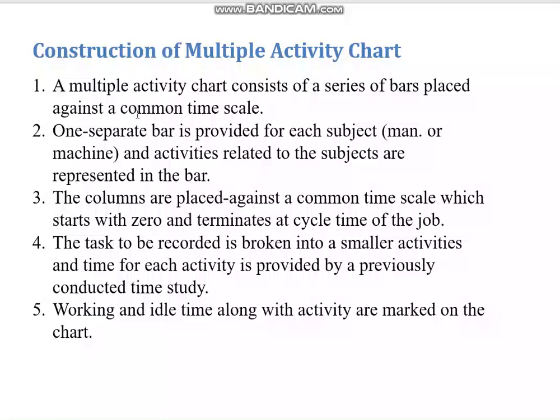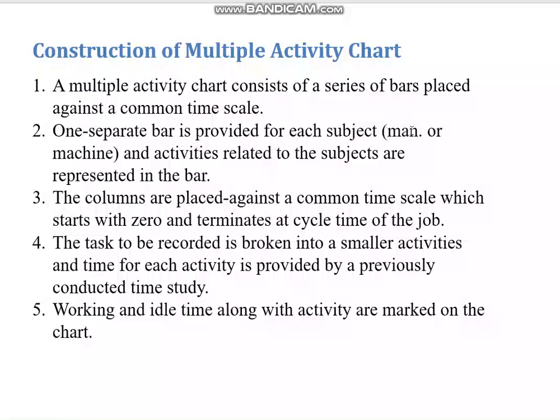There is a common time scale on the basis of which the activities of the man as well as the machine are recorded. One separate bar is provided for each object.